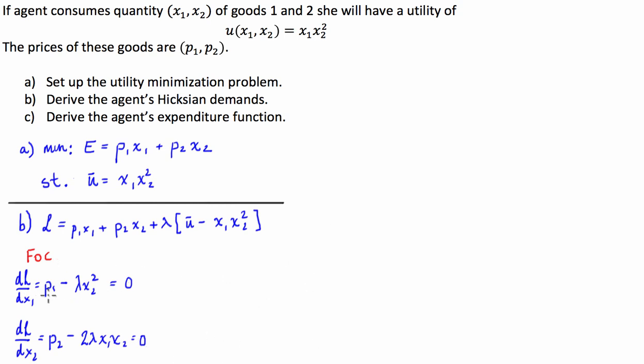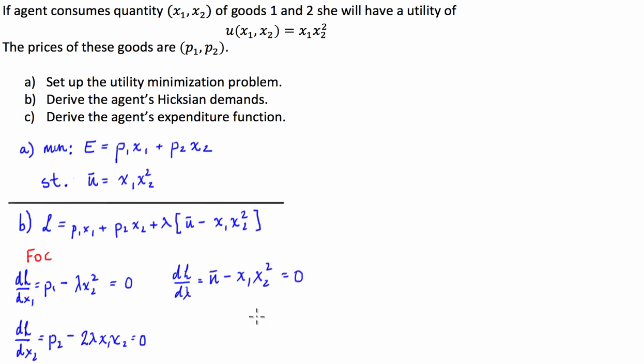Our third and final first order condition is that dL/d lambda is equal to simply U minus x1 x2 squared, which also equals 0. Great.